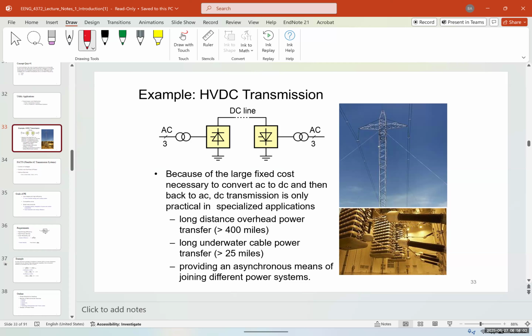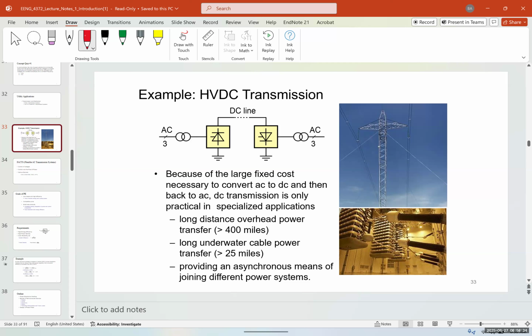And because of the large fixed cost necessary to convert AC to DC and then back to AC, DC transmission is only practical in specialized applications. It's used for long distances over 400 miles or long underwater cables over 25 miles. It's providing an asynchronous means of joining different power systems as well.